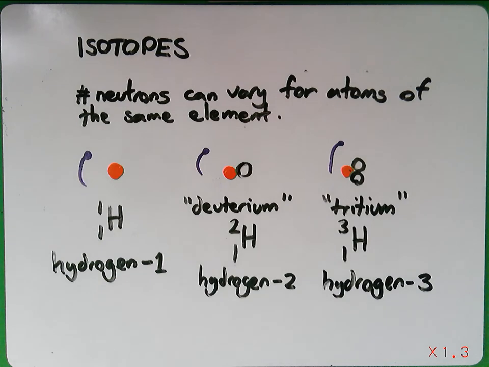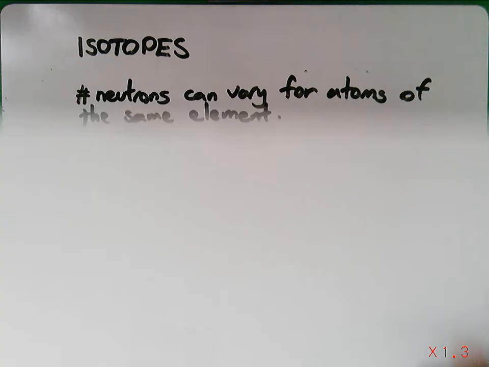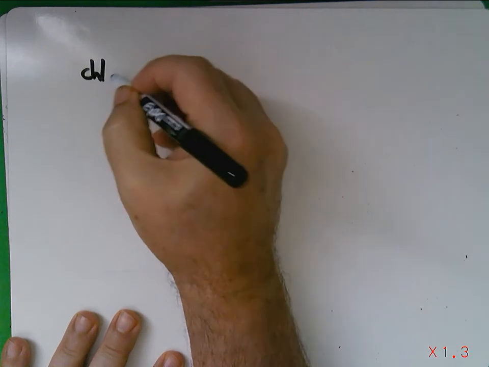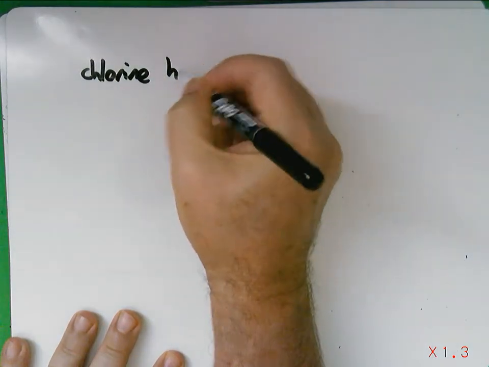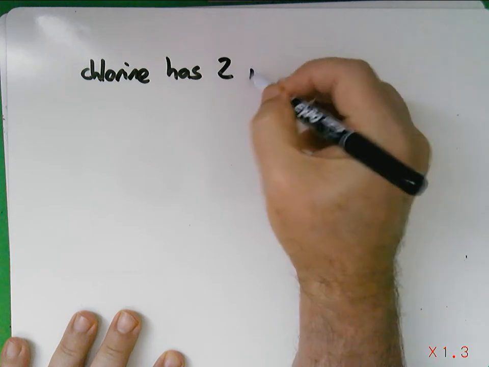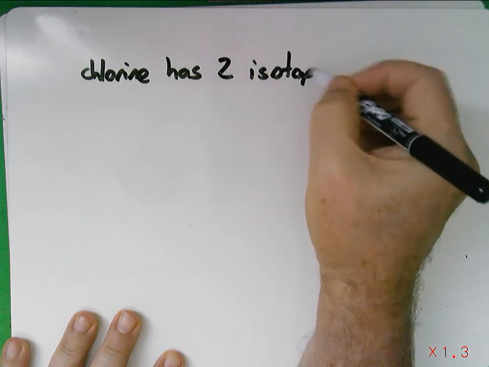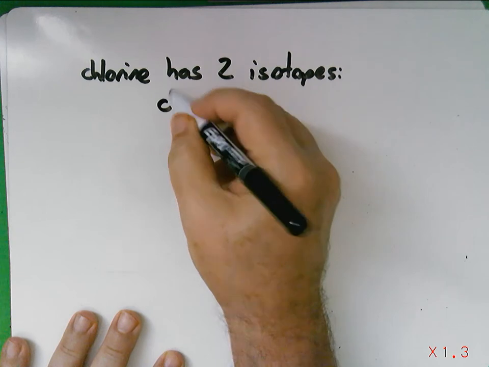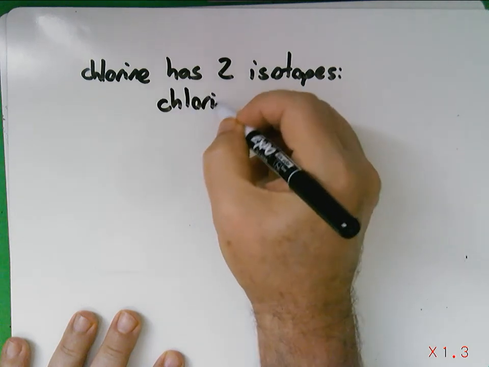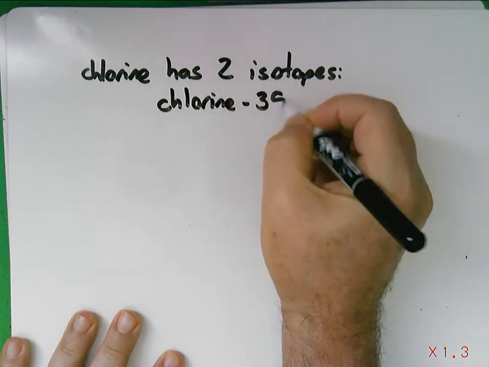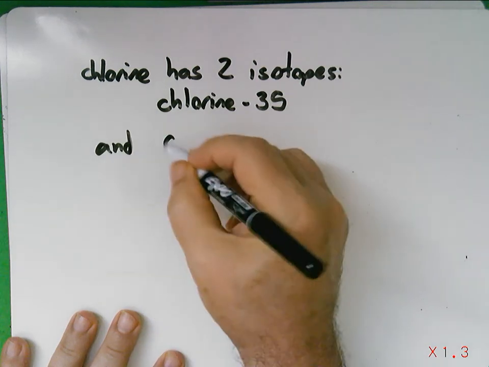Other elements have got isotopes too, and they stopped naming all the isotopes like this when they started to realize how many there were. Let's look at chlorine. Chlorine has 2 isotopes. Chlorine 35 and chlorine 37.